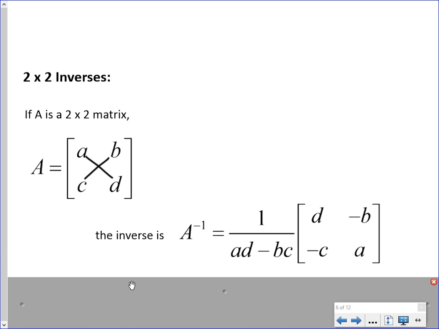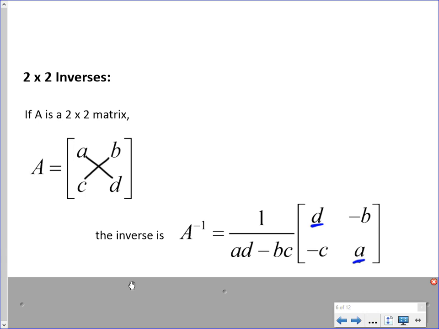Then you have to multiply your scalar by some other 2x2 matrix, and the 2x2 matrix really generates from matrix A. Notice on this first diagonal going down with D and A, you switch their positions.